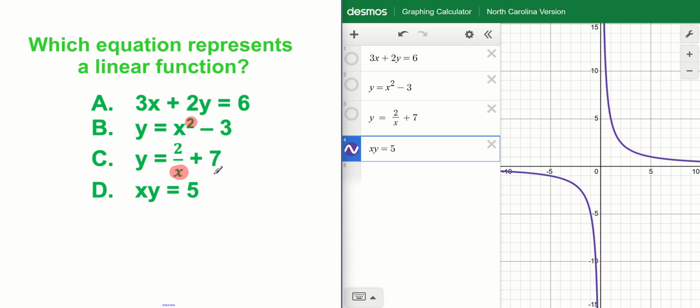If a variable is a denominator or on the bottom of a fraction, it could even be like x plus something on the bottom, but if it's on the bottom, it's going to be nonlinear. Y times y, those make nonlinear functions also. Okay?